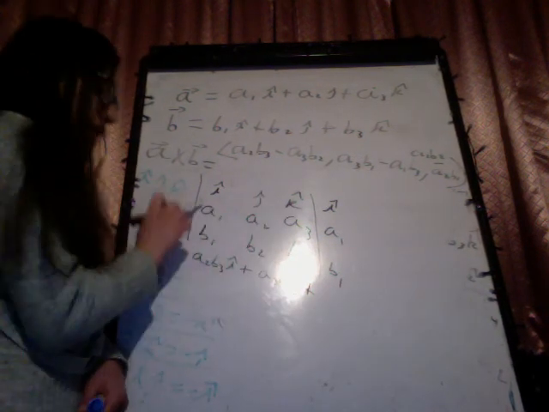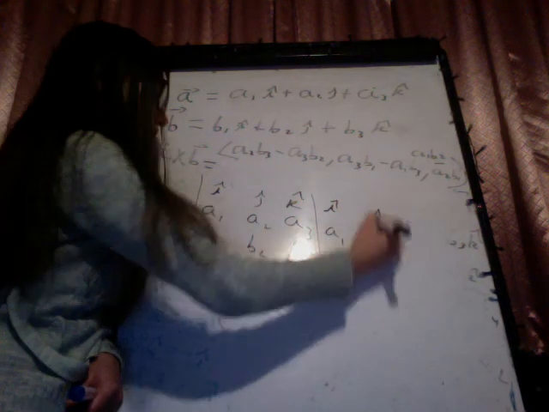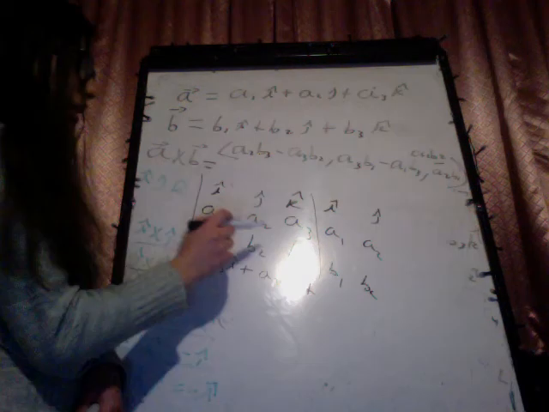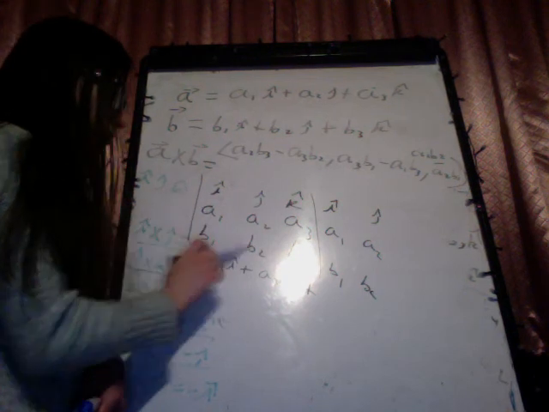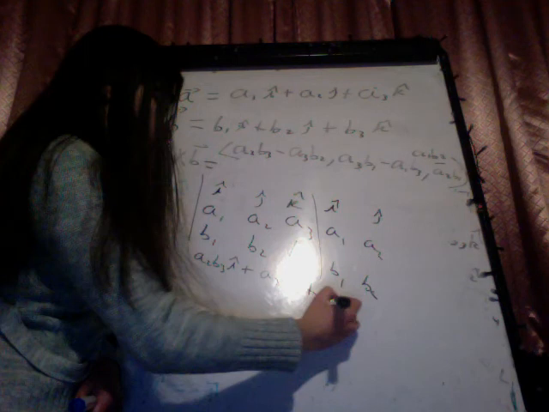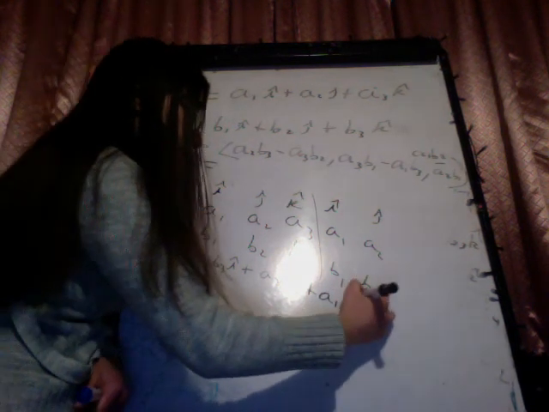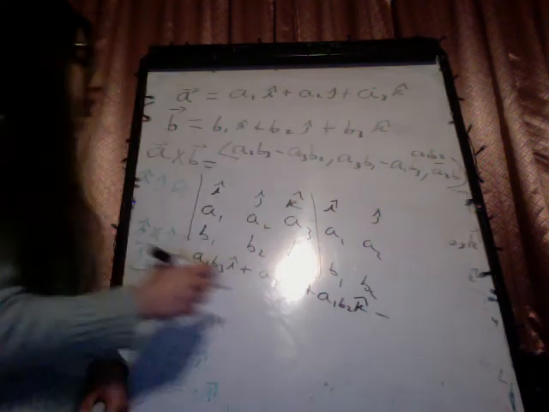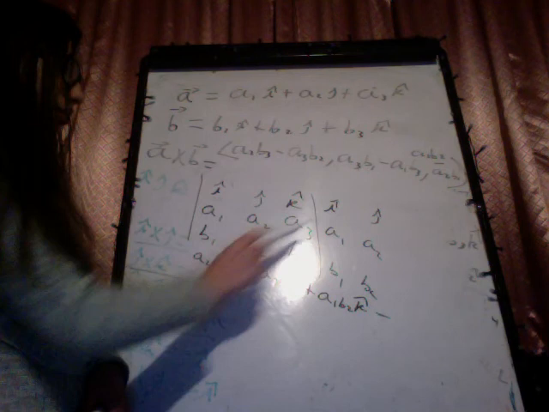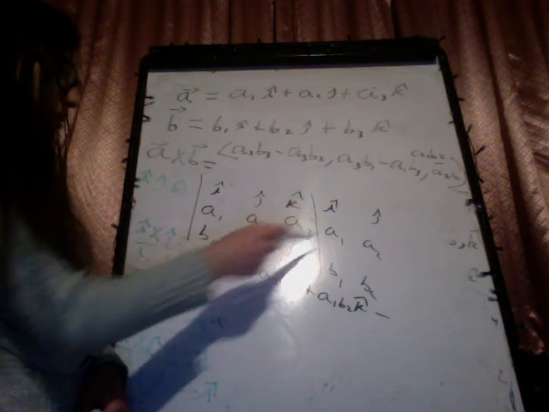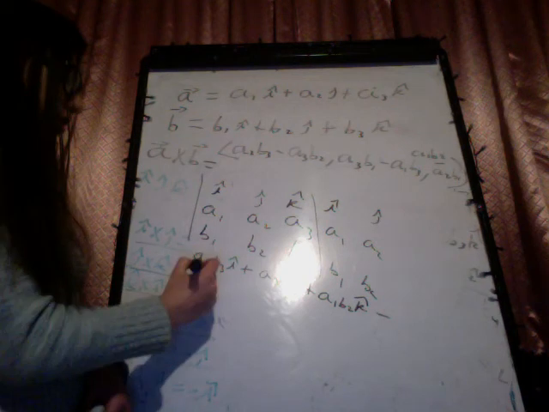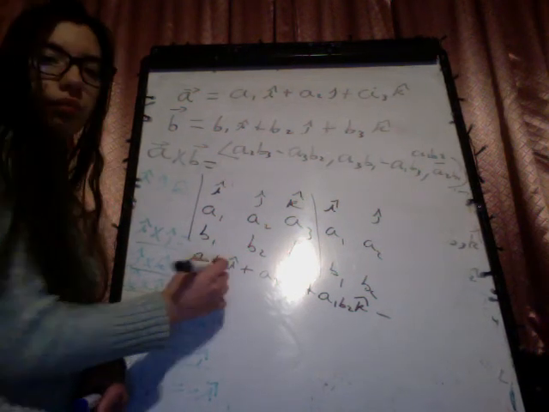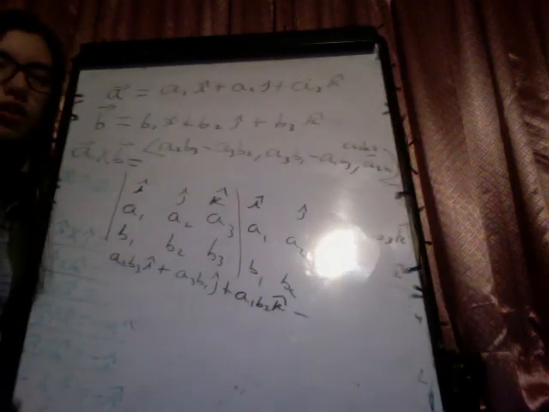Next, plus this times this, if I copy here J A2 B2, next is this K A1 B2, so plus A1 B2 K. Minus this times this, I1 B3 J, the same as this times this, A1 B3 J. So I will put it in here, minus. Let me remove the sharp thing.